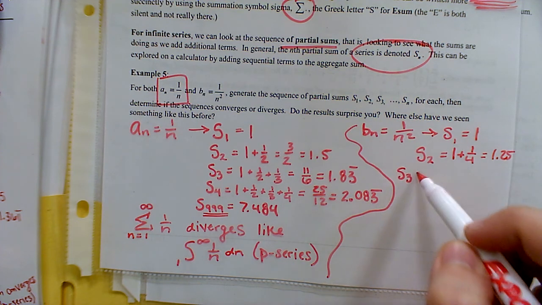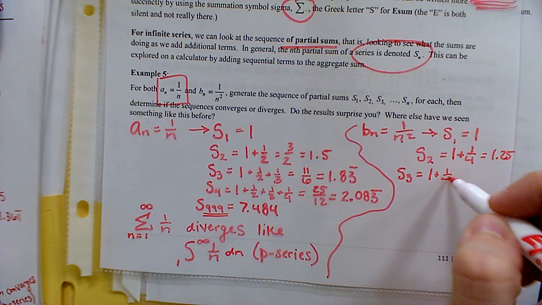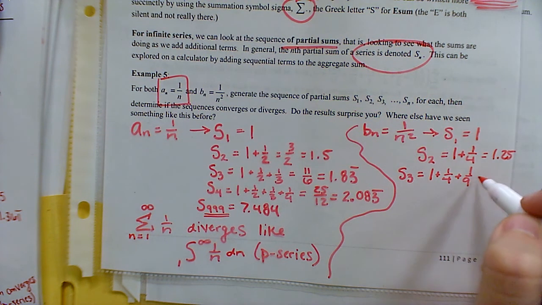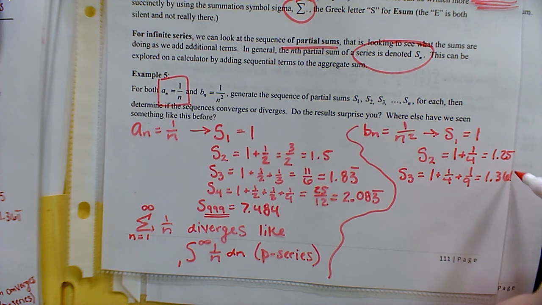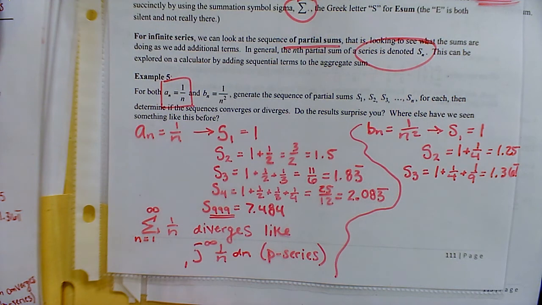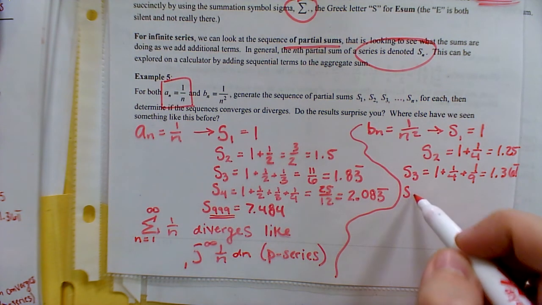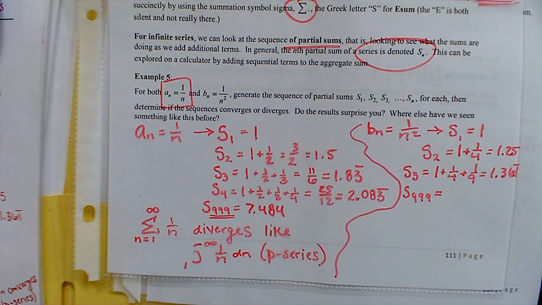Your third partial sum, you've got to add the first 3 together. Let's see, as a decimal, 1.361, I think, repeating. Maybe we'll just jump to the chase. We'll go straight to the 999th.